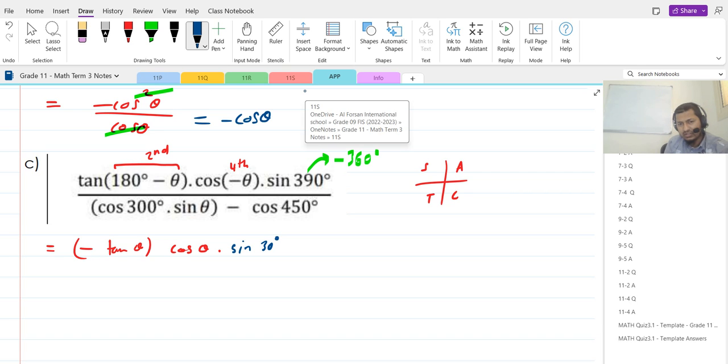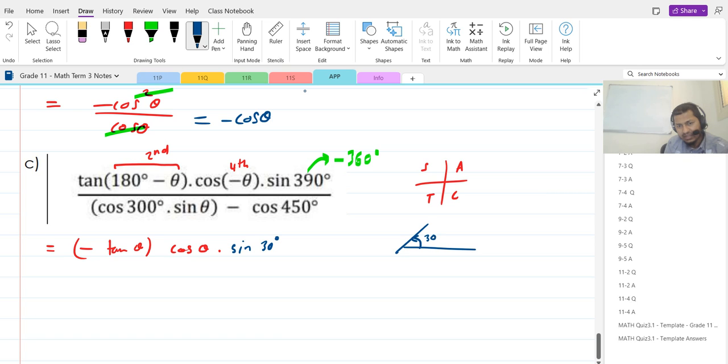What's the concept behind this? The concept behind this is, see, this is a 30-degree angle. Now, not only 30-degree angle, I can add right around, and I can say this angle is not 30, this angle is 30 degrees plus 360 degrees, which becomes 390. So basically, a point where the angle is, you can subtract a revolution or you can add a revolution, you can come back to the same point.